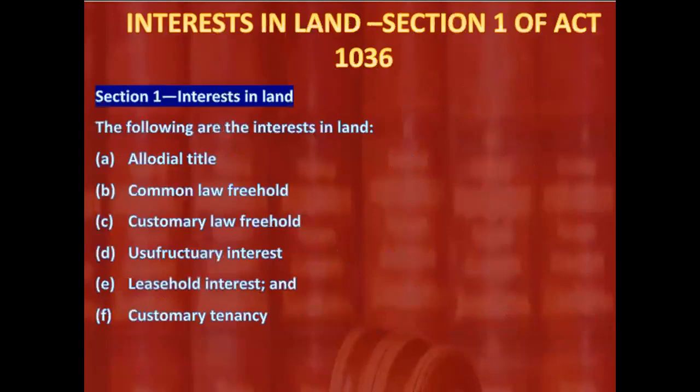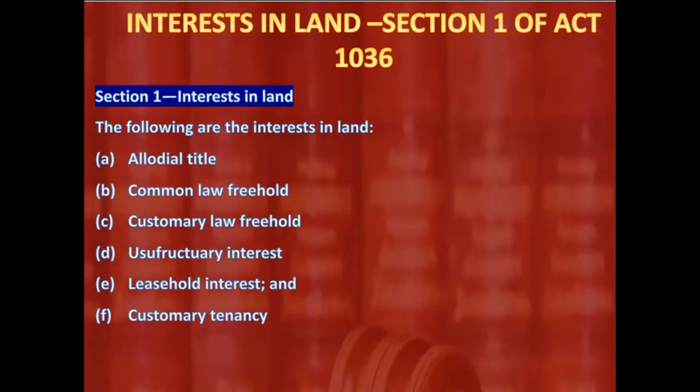You remember that in our first lecture, we discussed the first 3 interests. We discussed the allodial interests, the customary law freehold, and the common law freehold. And in this lecture, we have gone into detail to discuss the usufructuary interests.